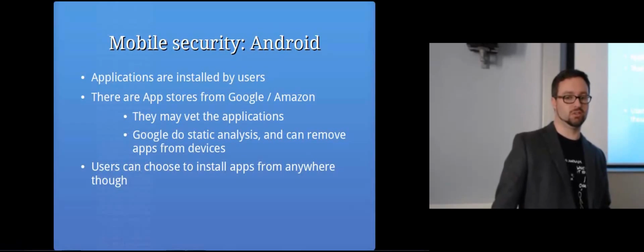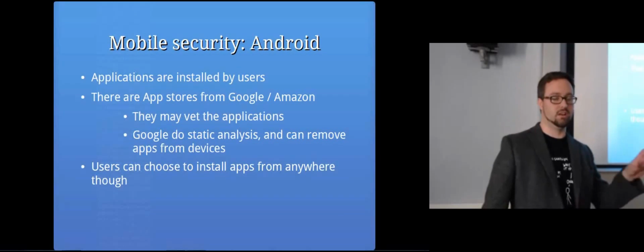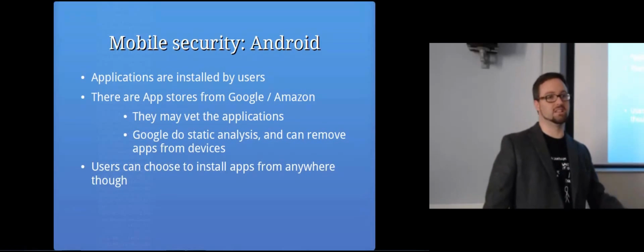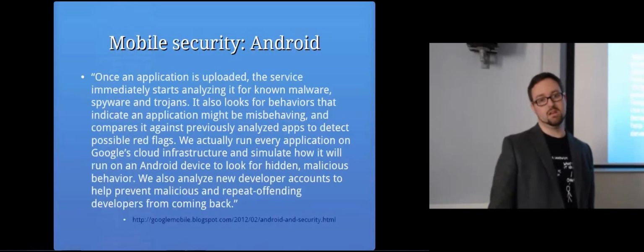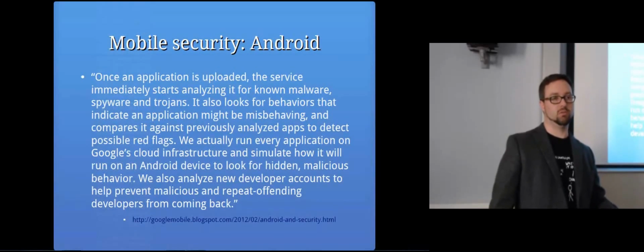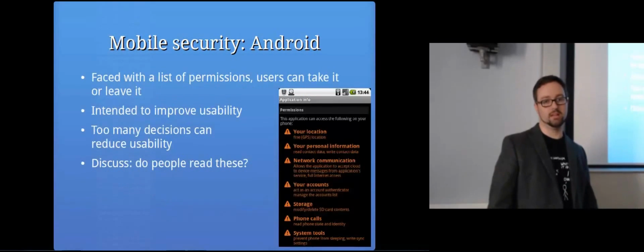Users can choose to install apps from anywhere though. So you can go into the Android settings and just say, allow me to install applications that don't come from a trusted source, and then you can just download something off the internet and install it if you like. There's a system called Bouncer which runs a program and does some checks to see if it's malicious before accepting it onto the Google Play Store.